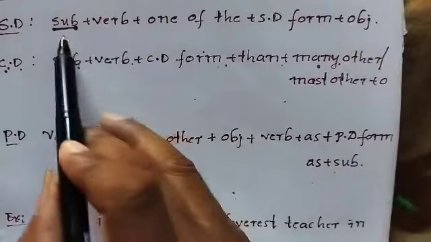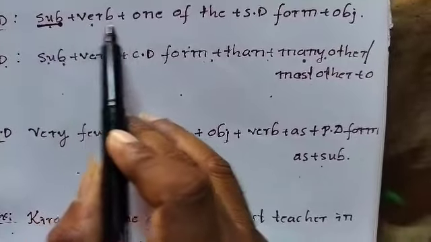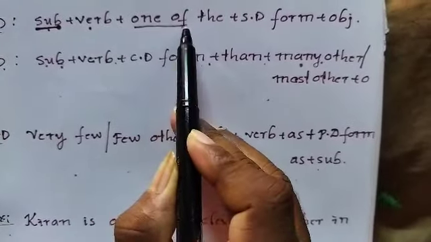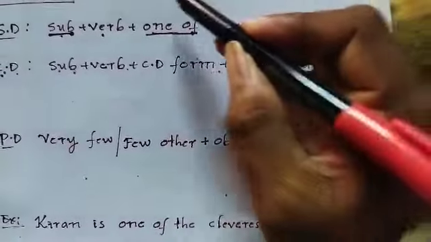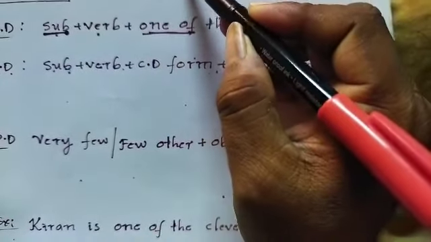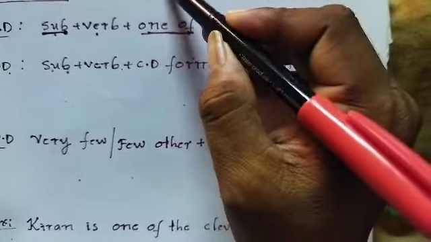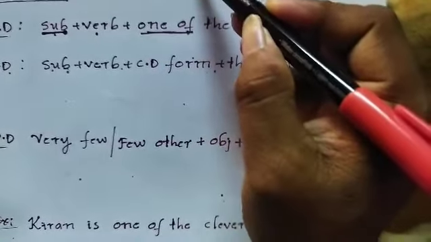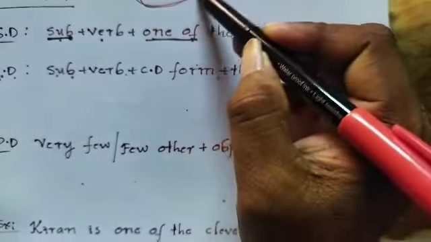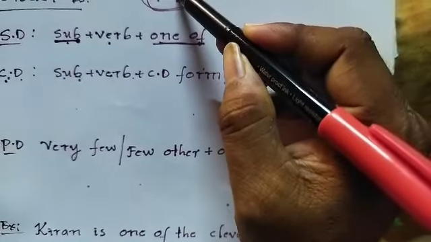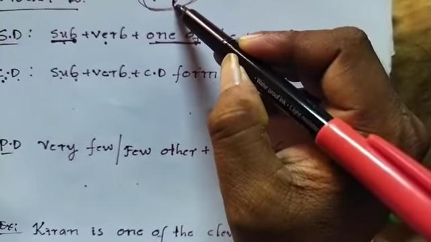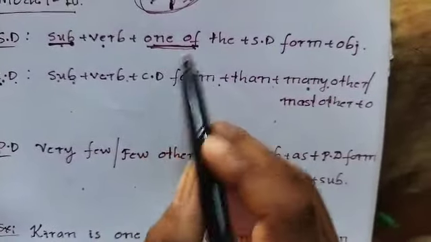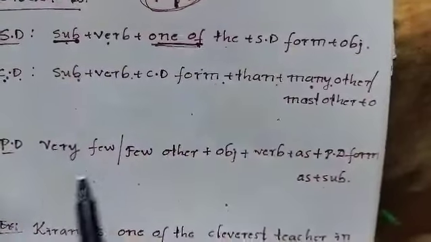In the Model 3 structure, we use subject, then verb, then one of the. Here, one of indicates C1, C2, C3, C4, clever 1, clever 2, clever 3, clever 4. So among the 4 clevers, we want to say about one clever student or one clever teacher, so we will use one of the.